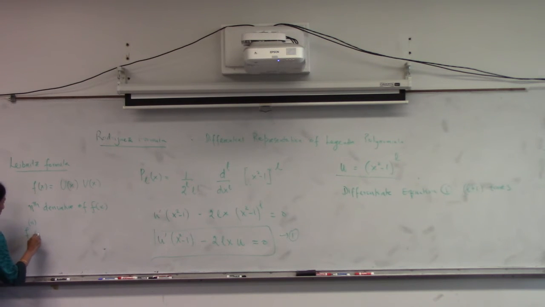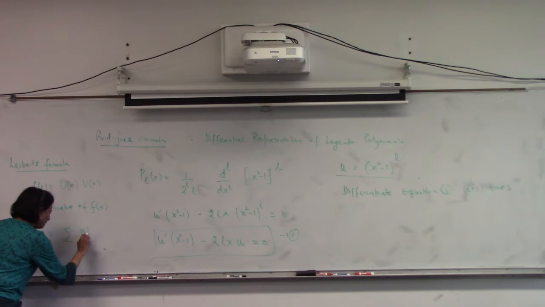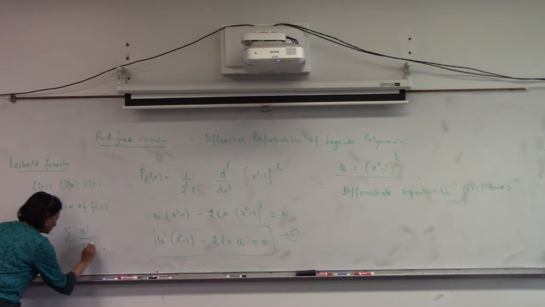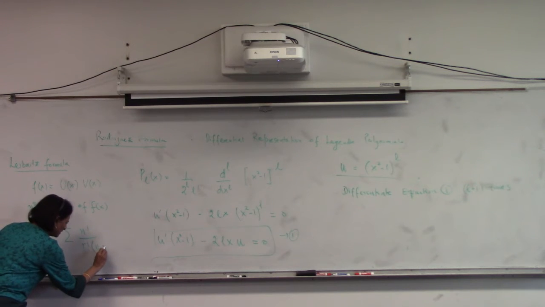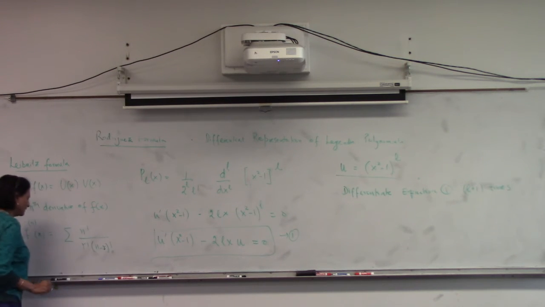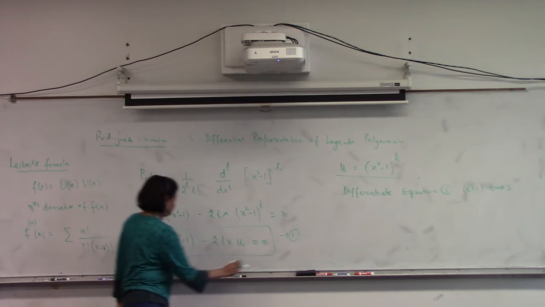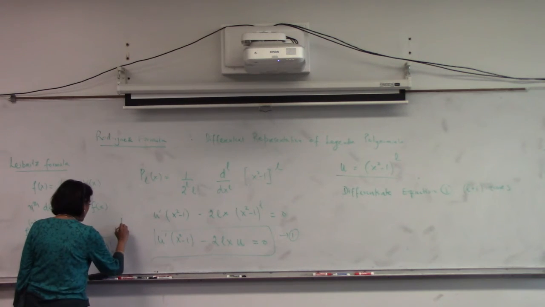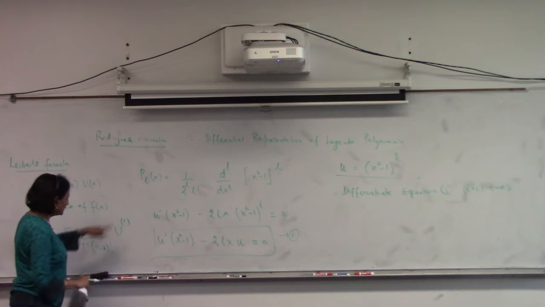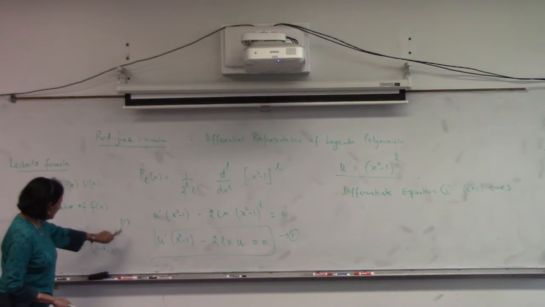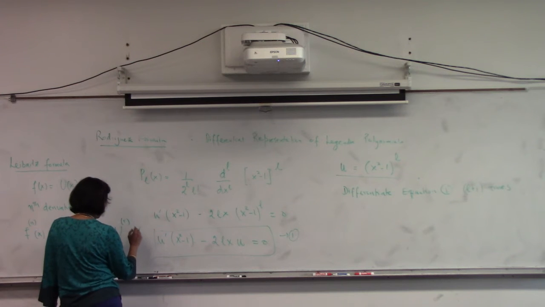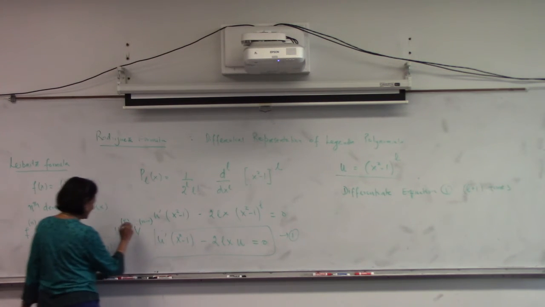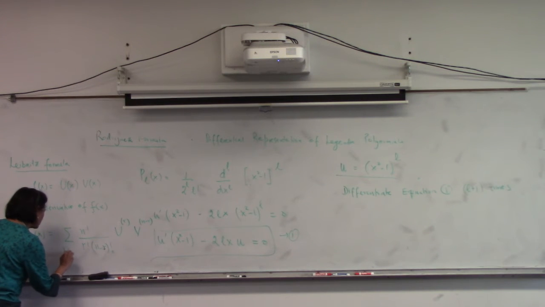The nth derivative of such a function is given by the sum of n factorial over r factorial times (n minus r) factorial, times this function, with r going from 0 to n. I'm going to use this notation.